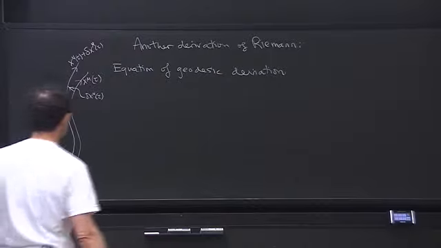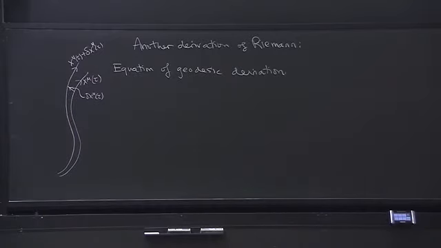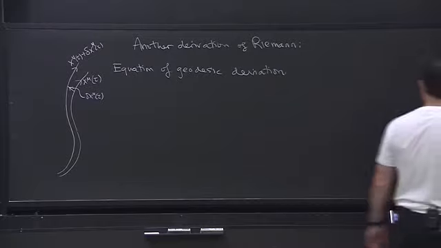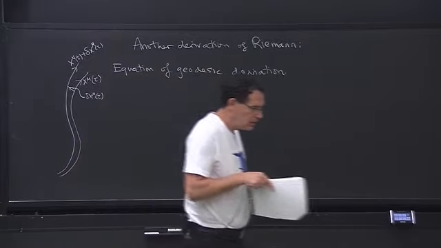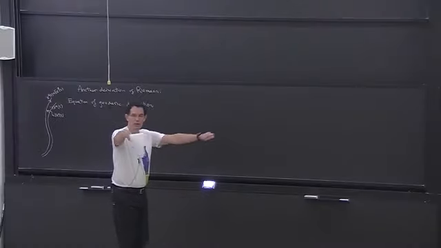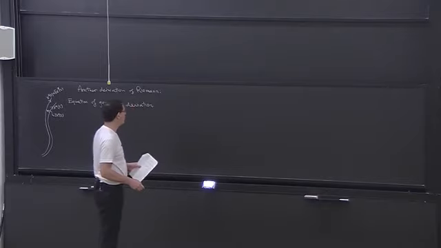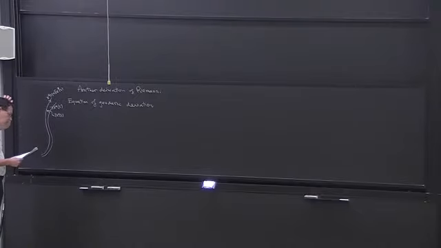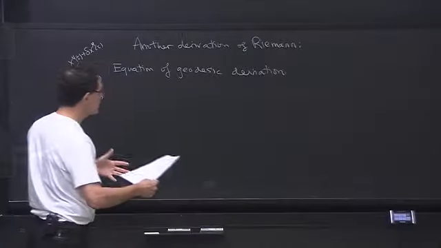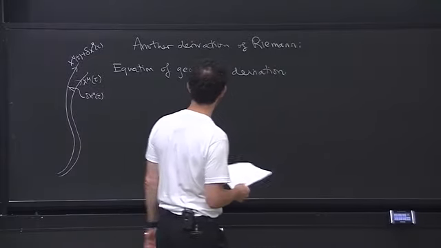I can imagine sending two particles through space, and they measure the displacement vector, delta x mu, between the two of them, and see how it changes. In a gravitational field, this displacement will grow because of the presence of the gravitational field. They're both going to respond differently since they are at slightly different places.